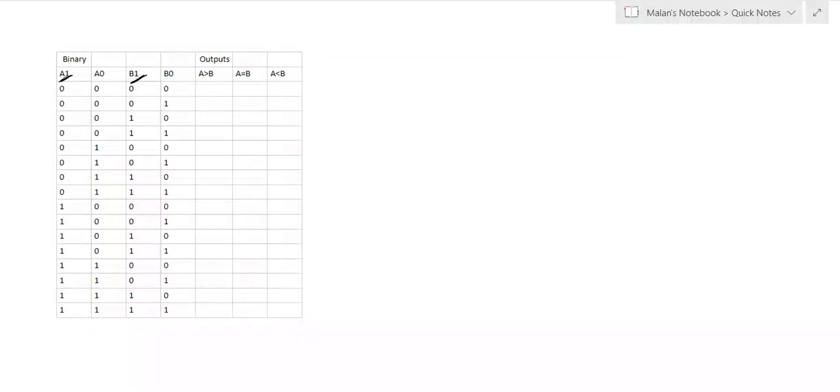Otherwise, if both the MSBs are equal, then the comparison is shifted to the right hand side, that is the next significant bits. If again the next significant bits are equal, then the comparison will again be shifted to the right hand side, that is again the next significant bits and so on. In this way, the comparison is going to be performed by the comparator.